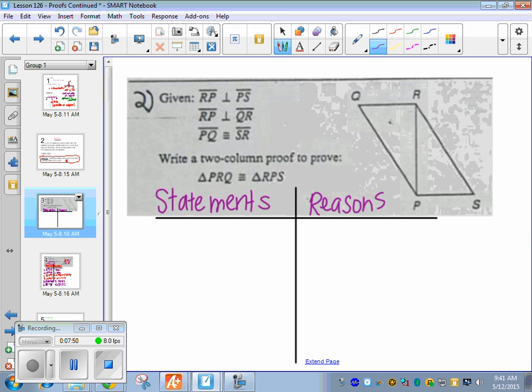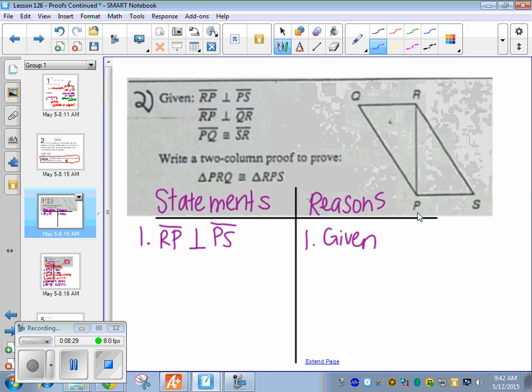So this time we're just proving congruent triangles, so we're not going to need CPCTC on this one. And we can go ahead and state the givens. So we've got RP is perpendicular to PS. All right, so RP is this segment right here, and PS is this segment right here.